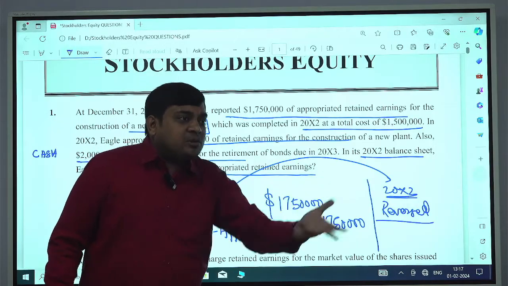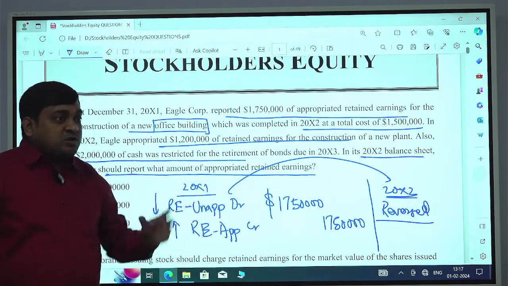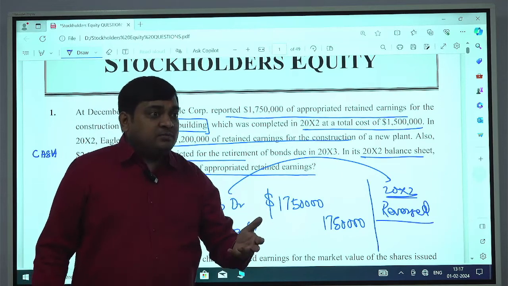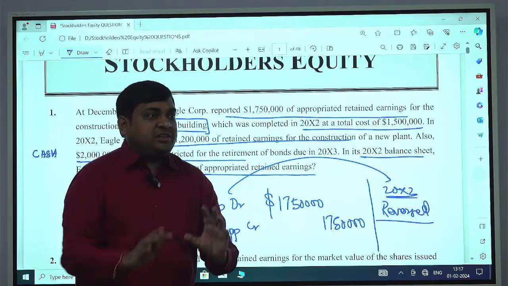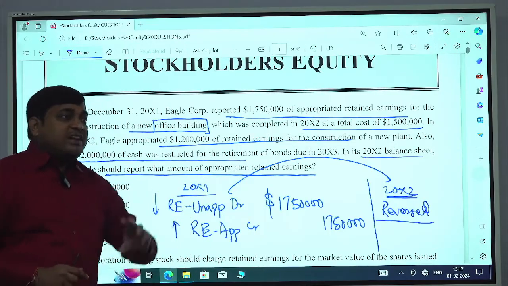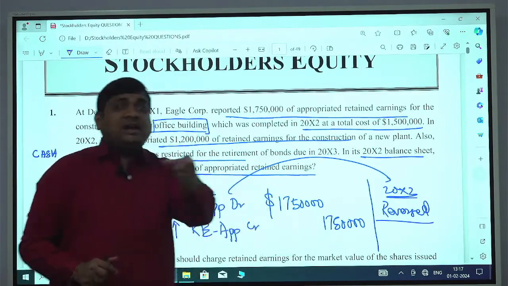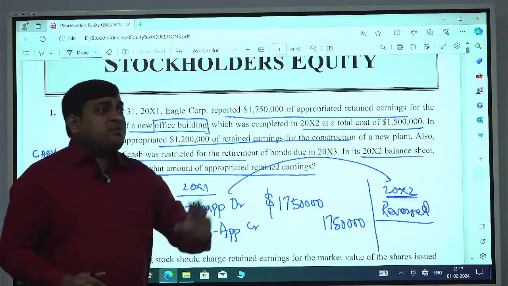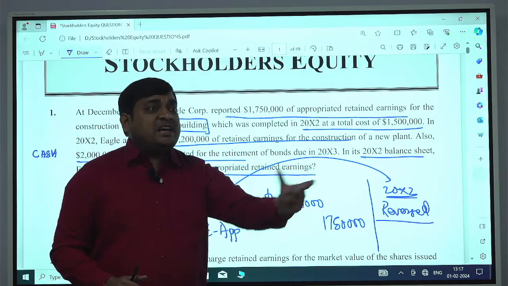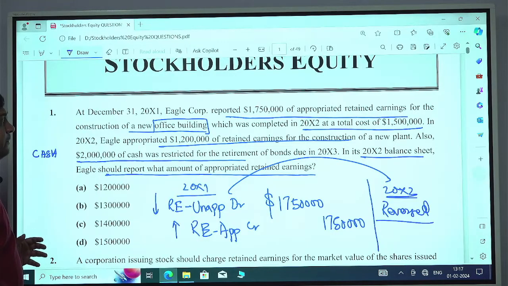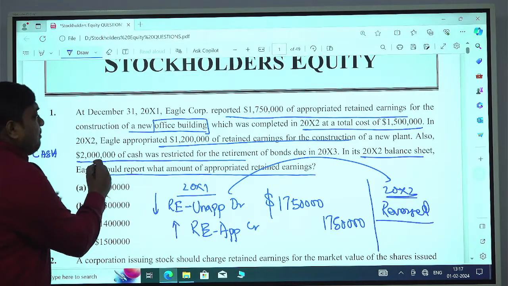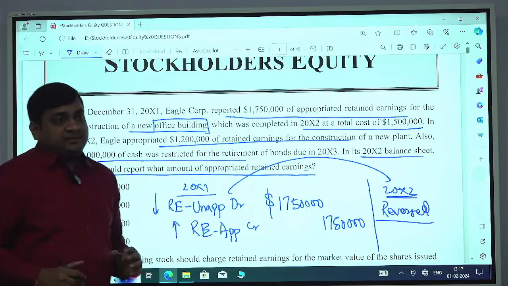Retirement of bond means redemption of bond. So restricted cash will be shown separately from unrestricted cash. Whether it should be shown as a current or non-current asset depends upon the purpose for which it has been restricted. So this is completely not a part of appropriated retained earnings.